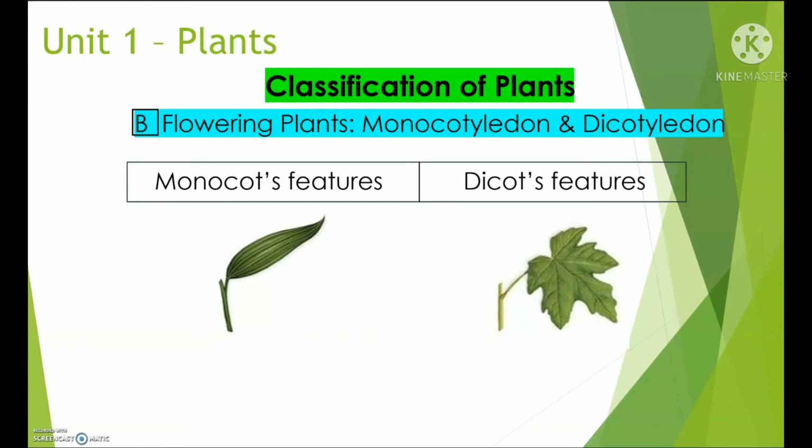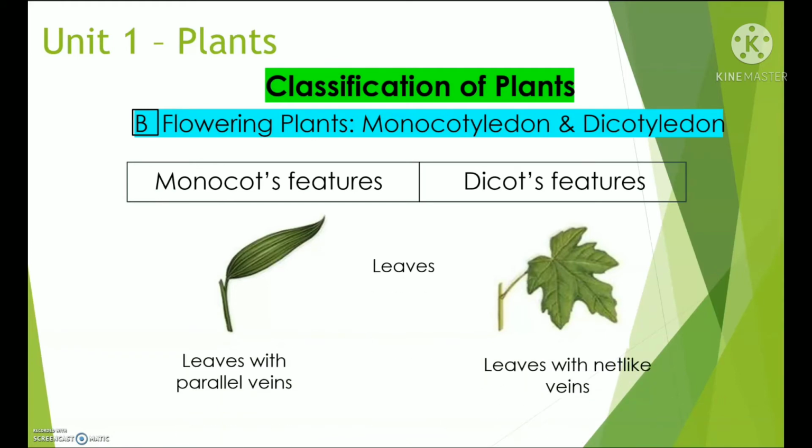Okay, now let's move on to the next slide. We will talk about their next feature, which is the leaves. For monocot, the leaves usually have parallel veins. The veins in the leaves are usually parallel lines.